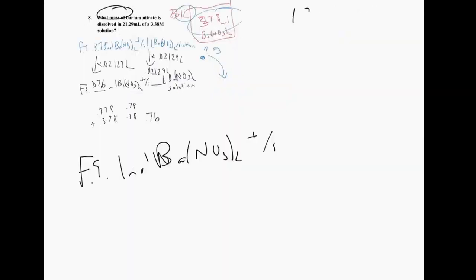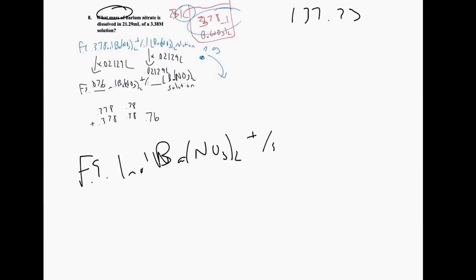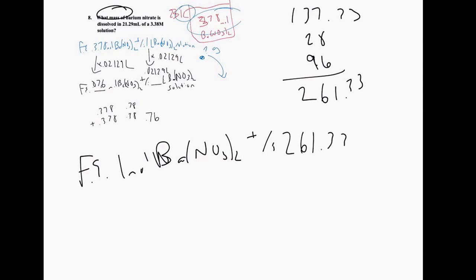So we've got 137.33, 14 times 2 is 28, and then 48 times 2 is 96. So we got 261.33 grams of Ba(NO3)2.